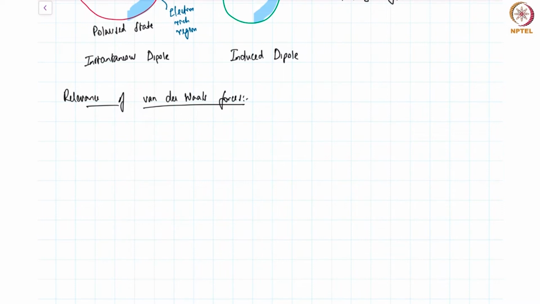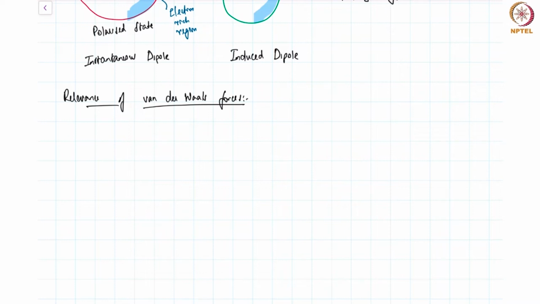Things like liquefaction of oxygen and nitrogen into their liquid phases are also dominated by these forces. We would not normally be able to explain this phenomena without understanding interaction of these gas molecules.